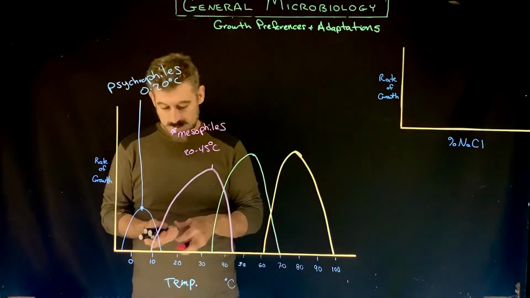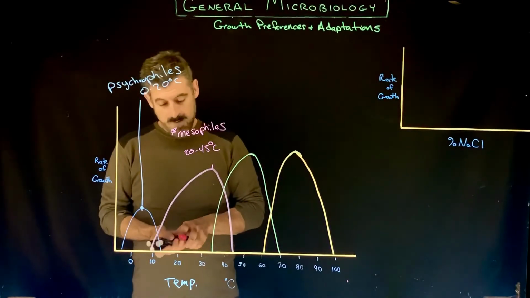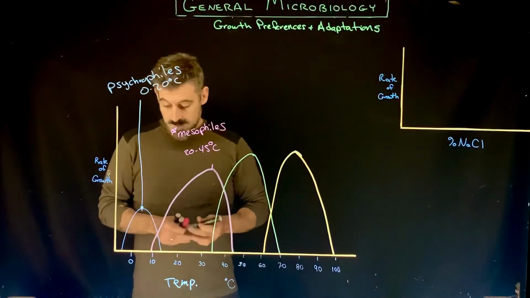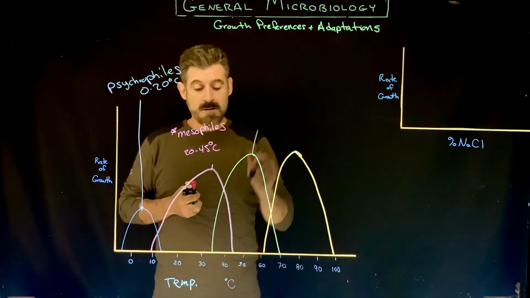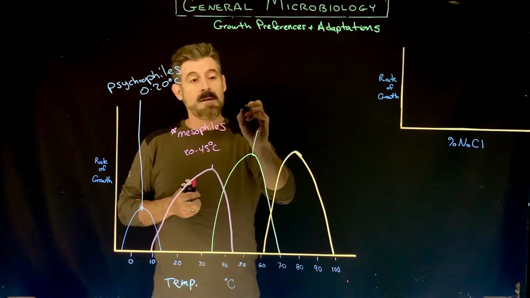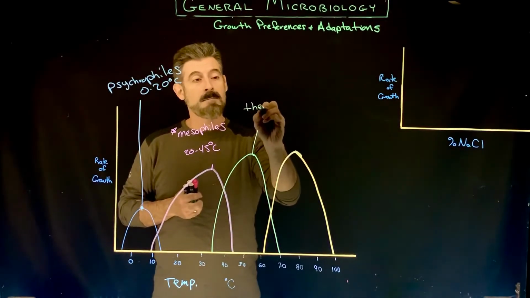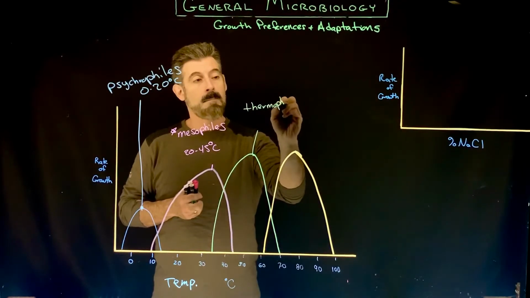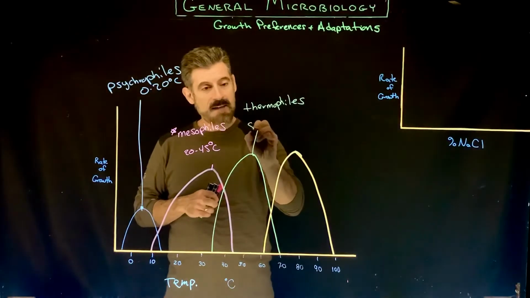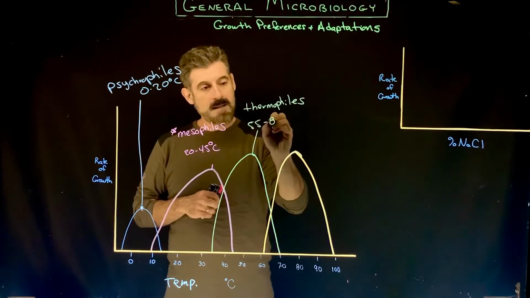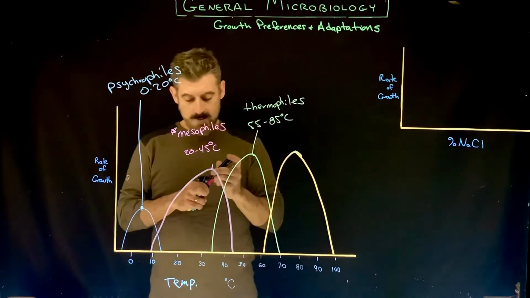Then we have organisms that start to prefer much warmer temperatures, temperatures that potentially could cause proteins and some of these others to denature. These are the thermophiles. These organisms are like 55, let's say, to 85 degrees centigrade.